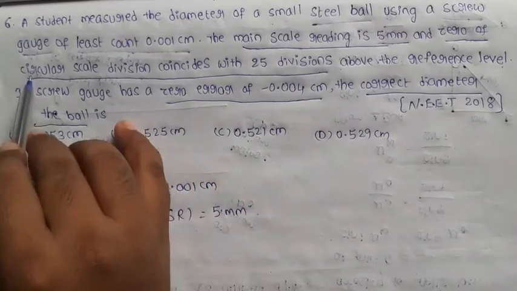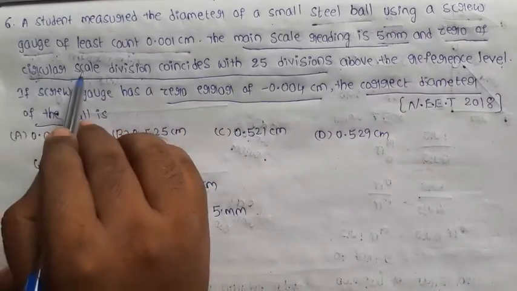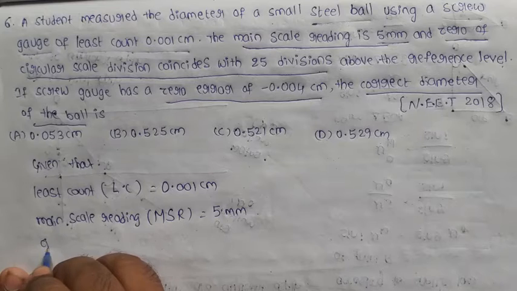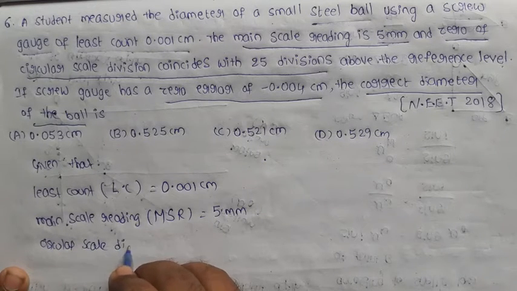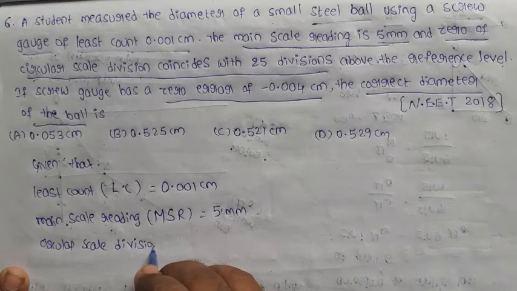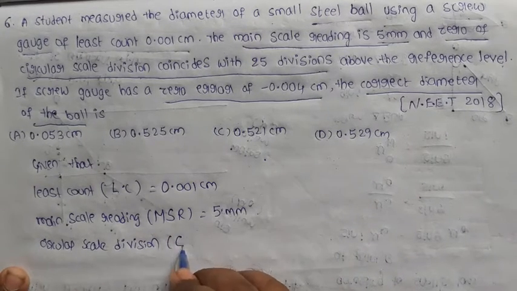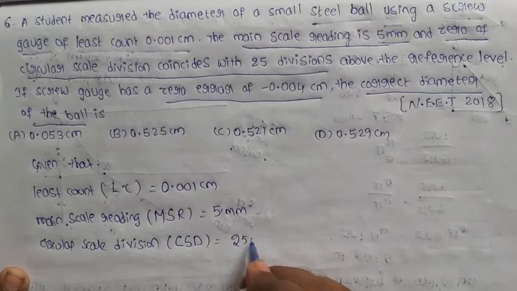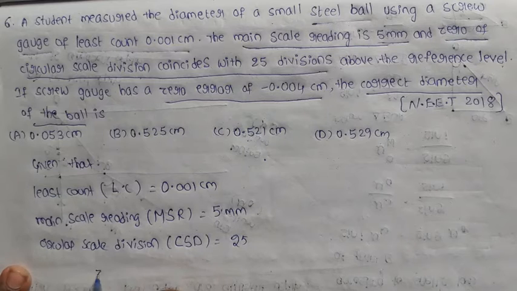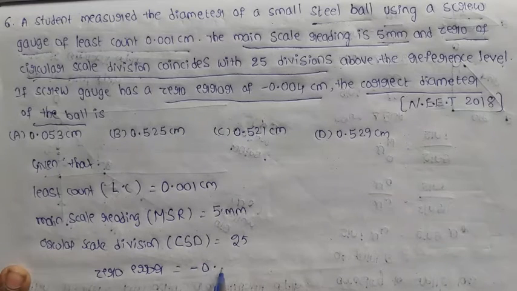Next, the circular scale division, I am taking as CSD, is 25. Zero error of the screw gauge is equal to minus 0.004 centimeter.